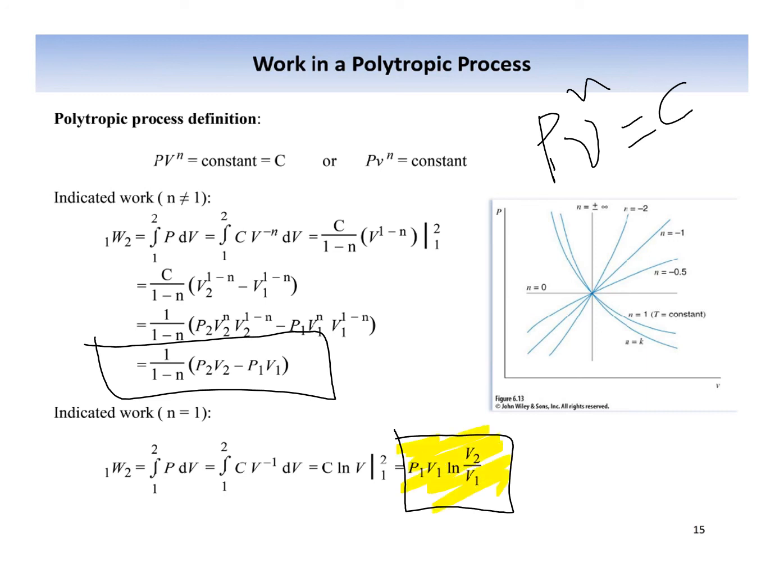And if the value of n is anything but 1, then we can use this other formula. So we can use these two formulas to quantify the work depending upon the relationship of pressure and volume during the process.